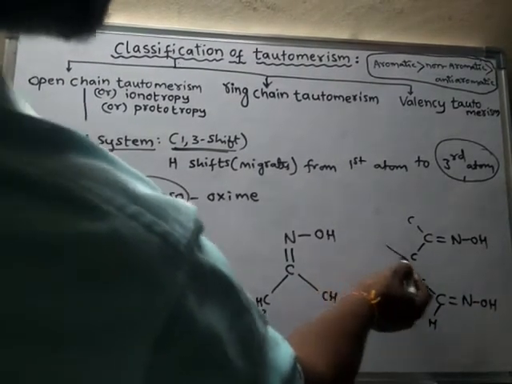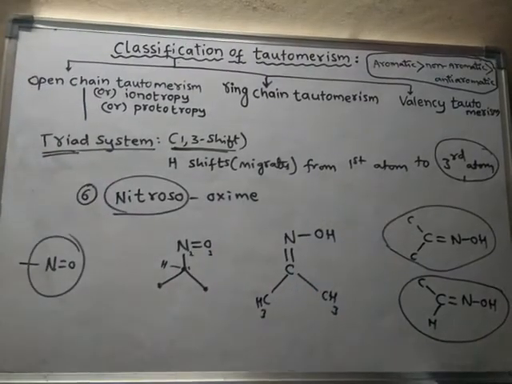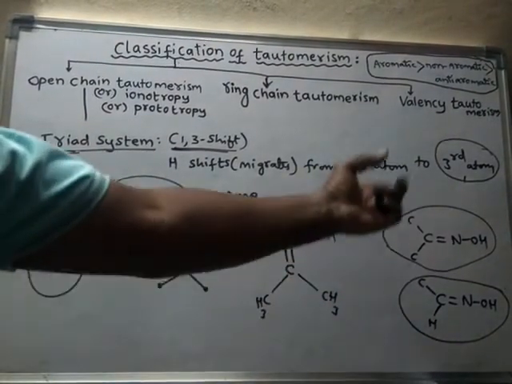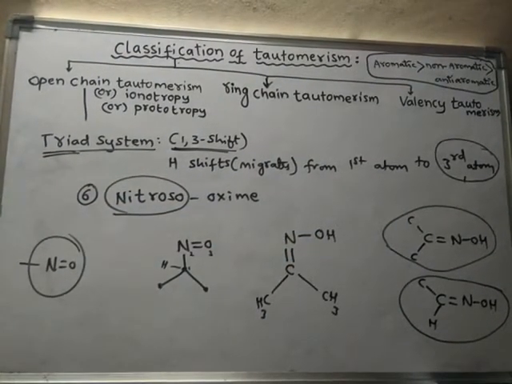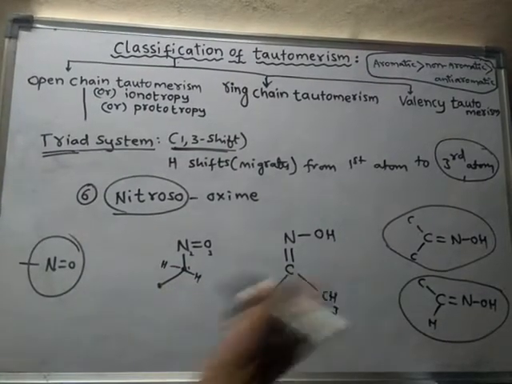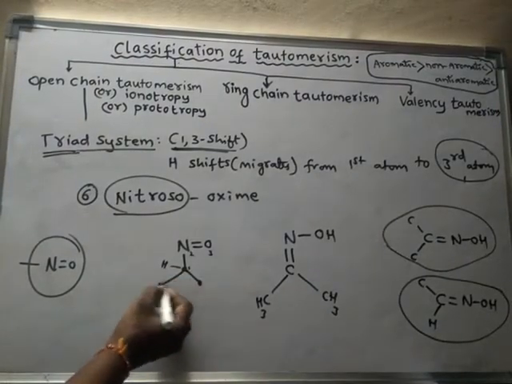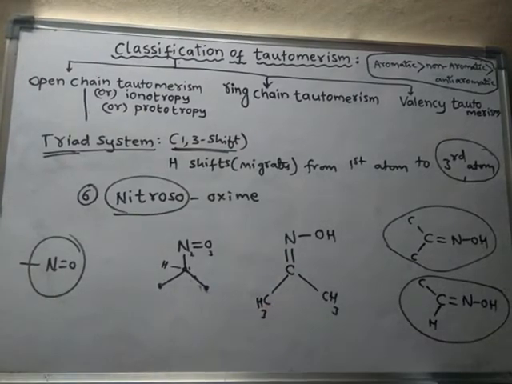So this is ketoxime and this is aldoxime. Whatever oxime it may be, it may be either ketoxime or aldoxime. They are formed from nitroso compounds. If it is hydrogen, then it forms an aldoxime. Here in this case, both sides we have carbons, hence it is a ketoxime.